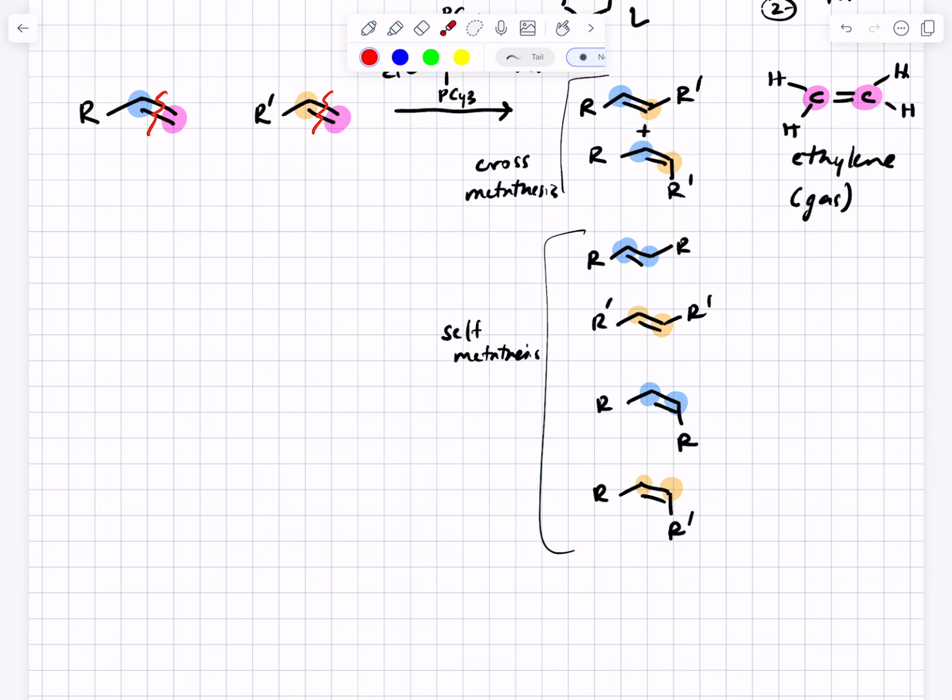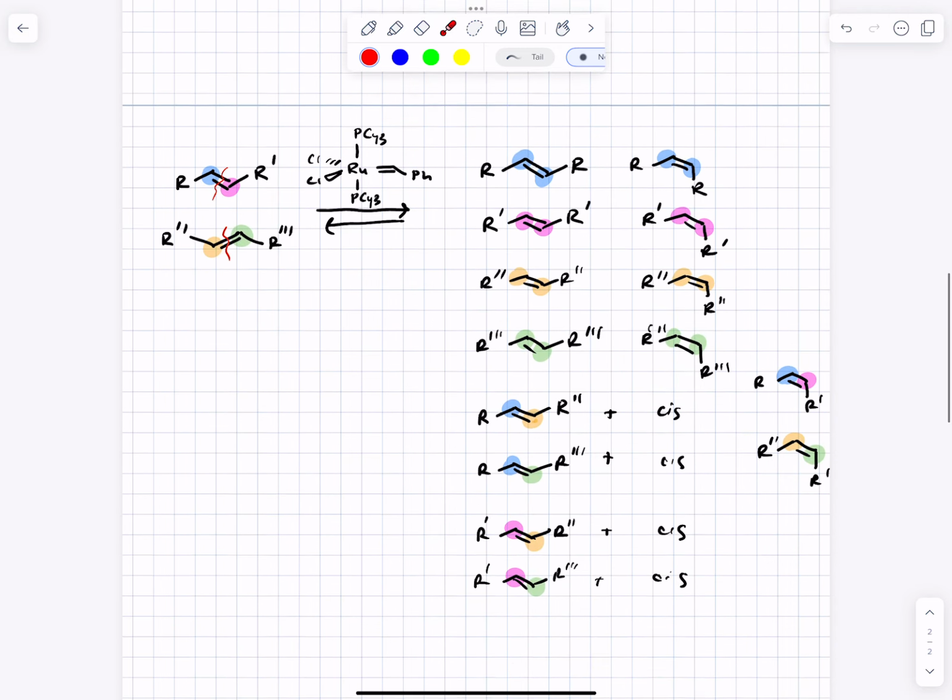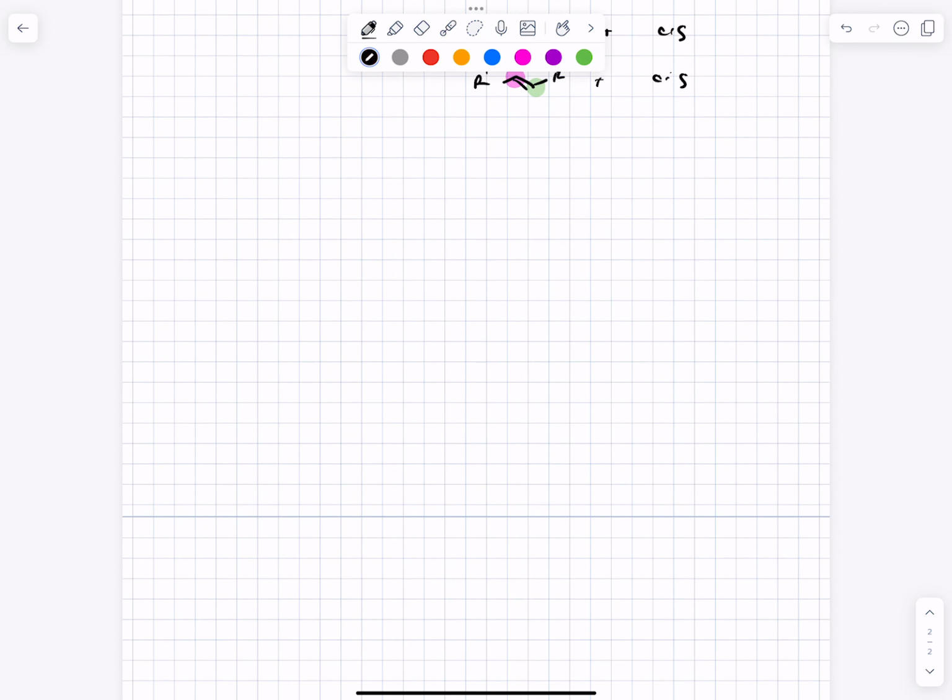And that tends to speed the reaction up and move it in a particular direction, because intramolecular reactions are fast.